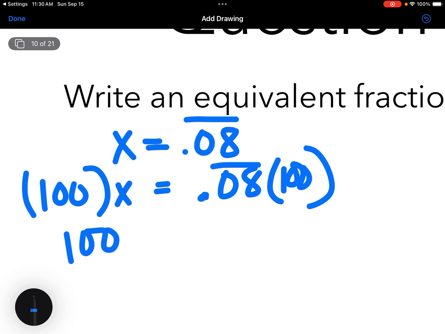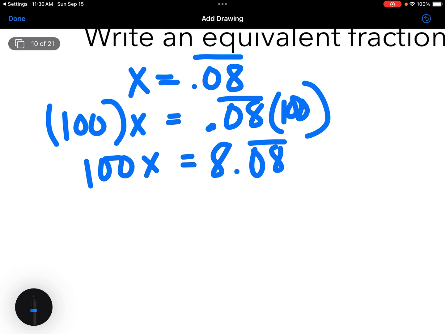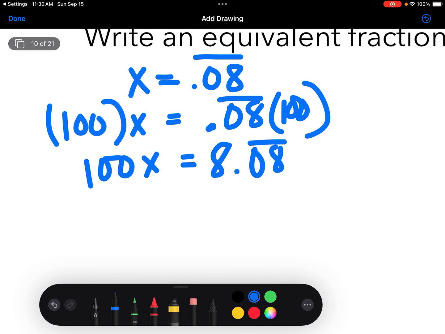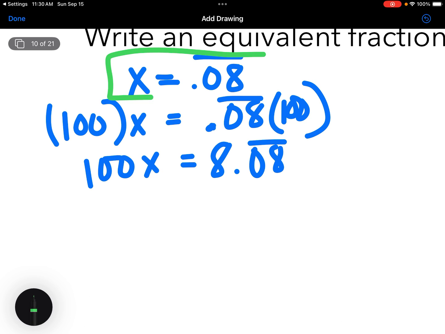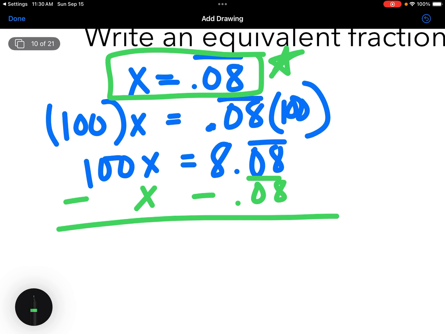So you have 100x equals 8 and 8/100ths repeating. So then I'm going to go back and I'm going to subtract this part right here off so I can subtract off the repeating part.